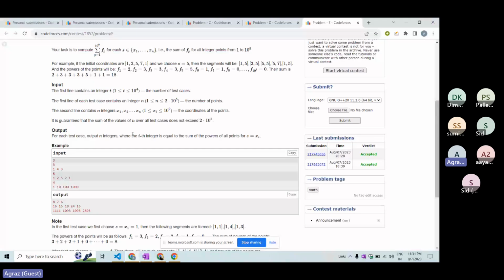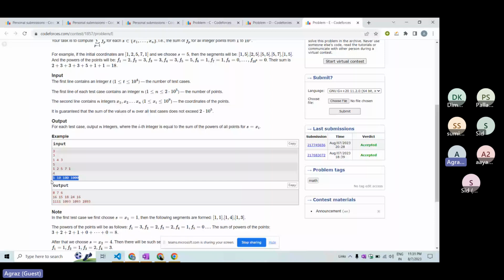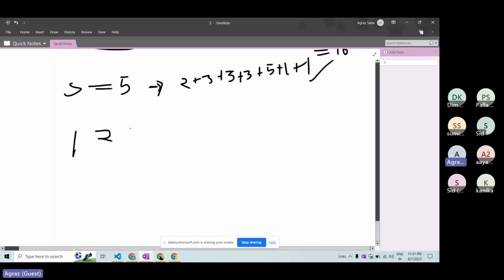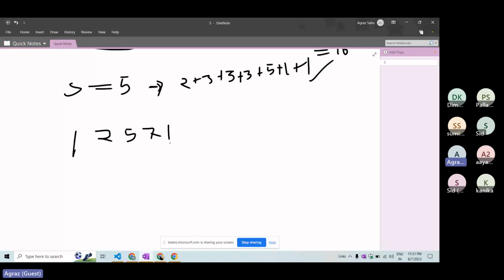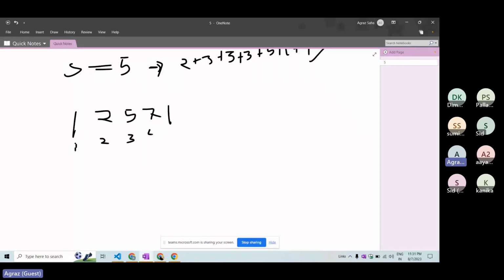For the approach, let's see this one, 1, 2, 5, 5, 7. If I attach an index with everyone, this will be index 1, this is index 2, this is index 3, this is index 4, and this is index 5.